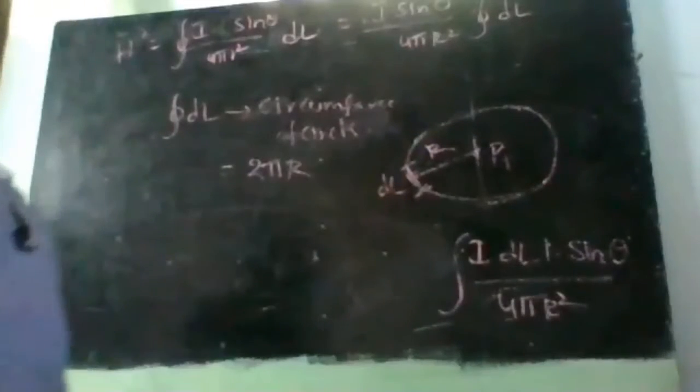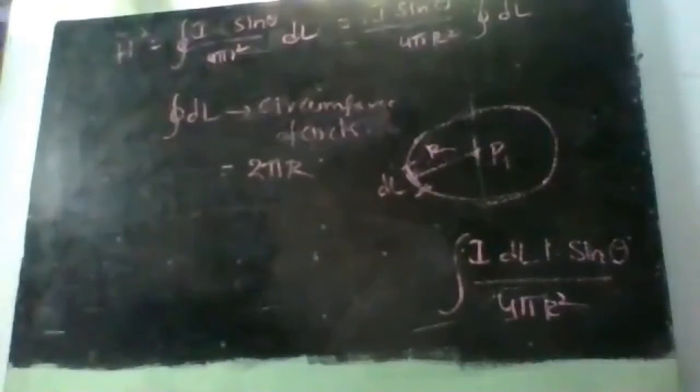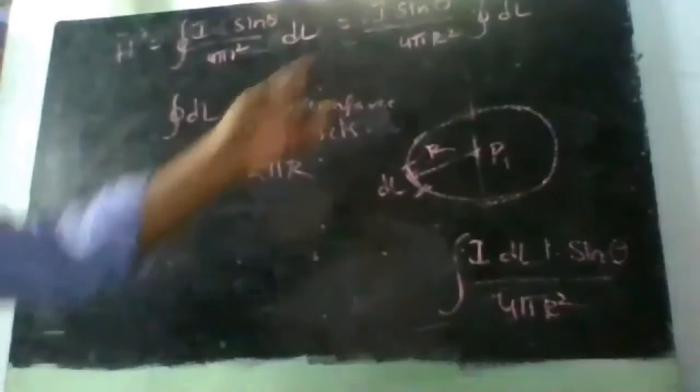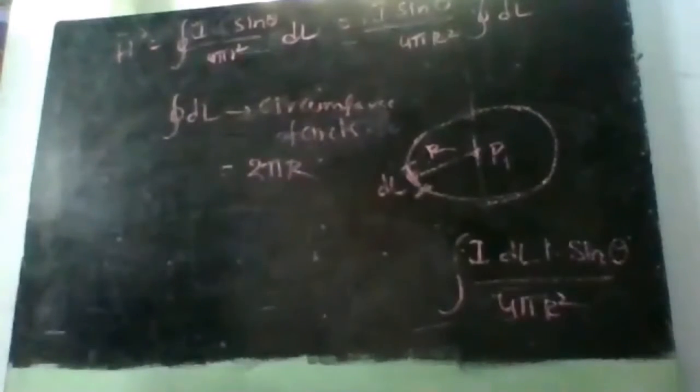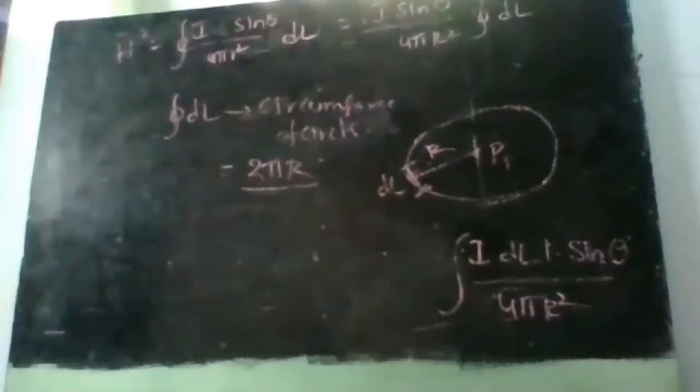Because it is a circular ring, the length of the conductor is the circumference of the circle, given by 2 pi r.